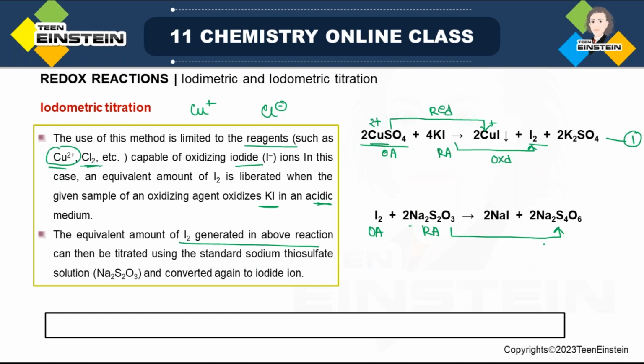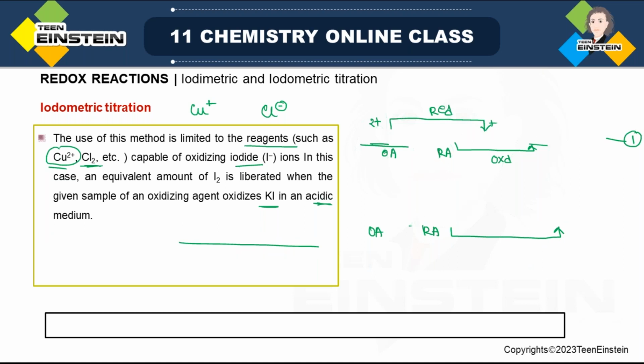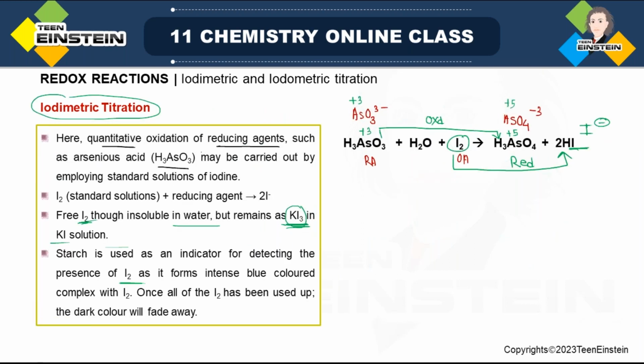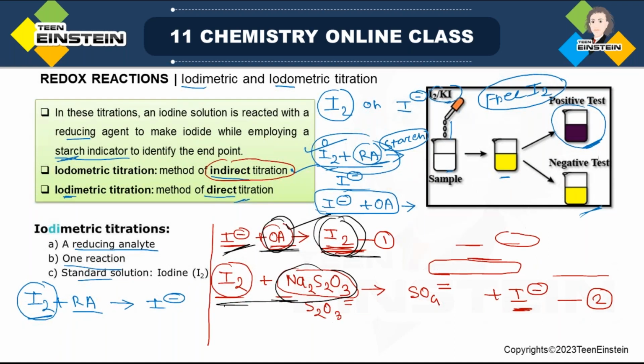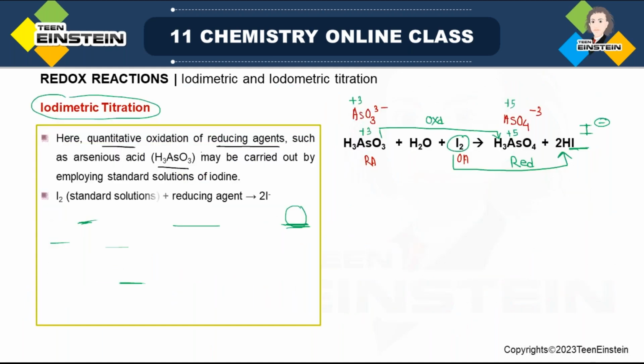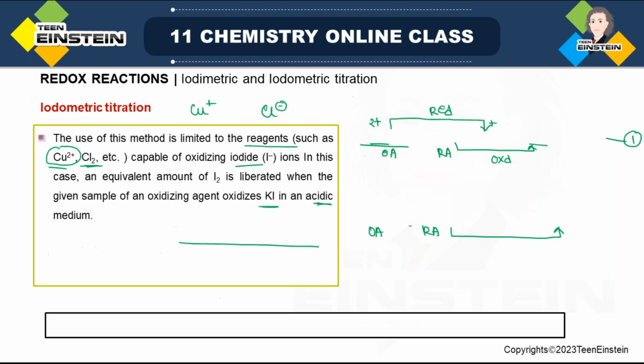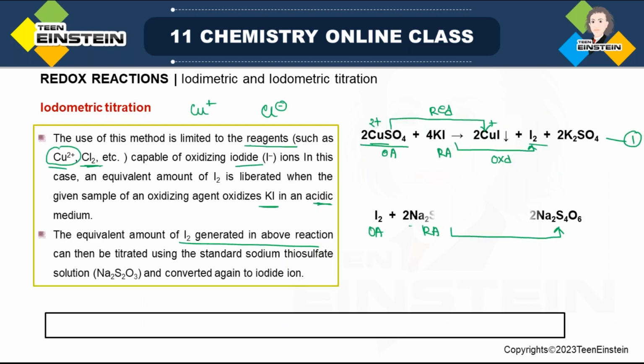So one mistake I have done in the previous slide: it is not SO4, it is S4O6, okay. So Na2S2O3 is converted to Na2S4O6 and here NaI.